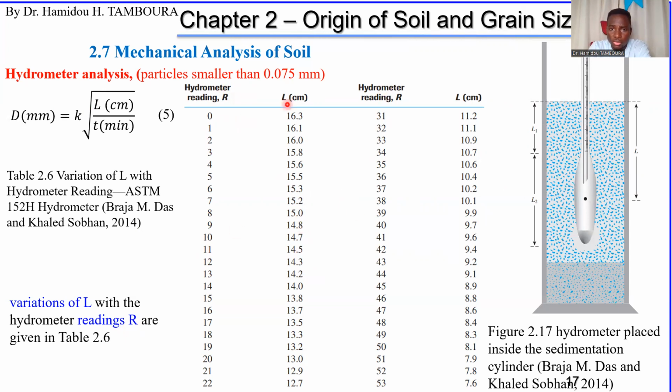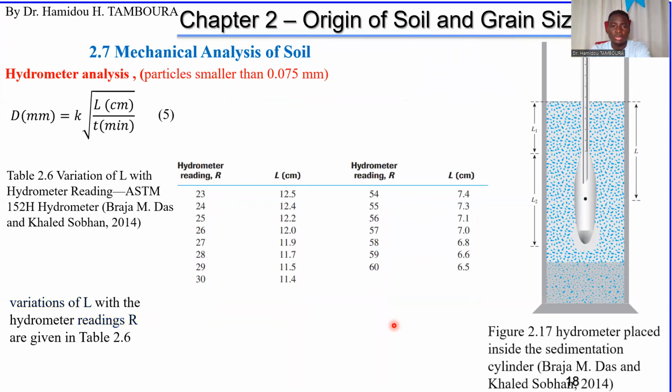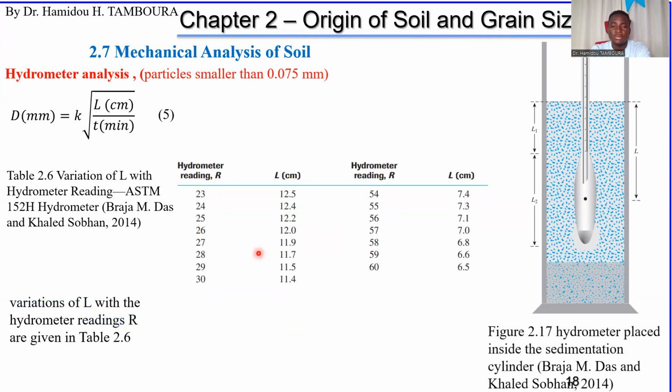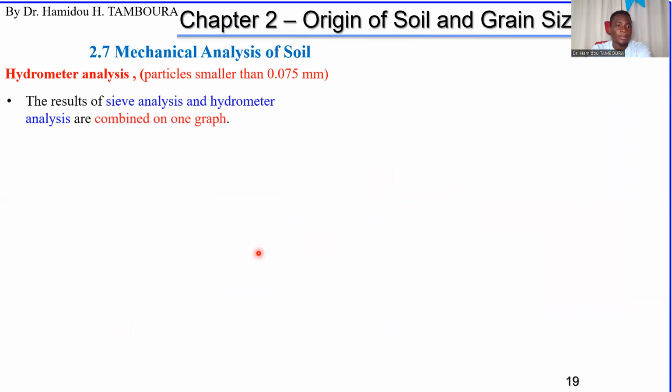So you can just choose this value. After reading the hydrometer, you check your reading here or here, and you can determine the corresponding value of L. This is the figure, still continuing, the same figure.